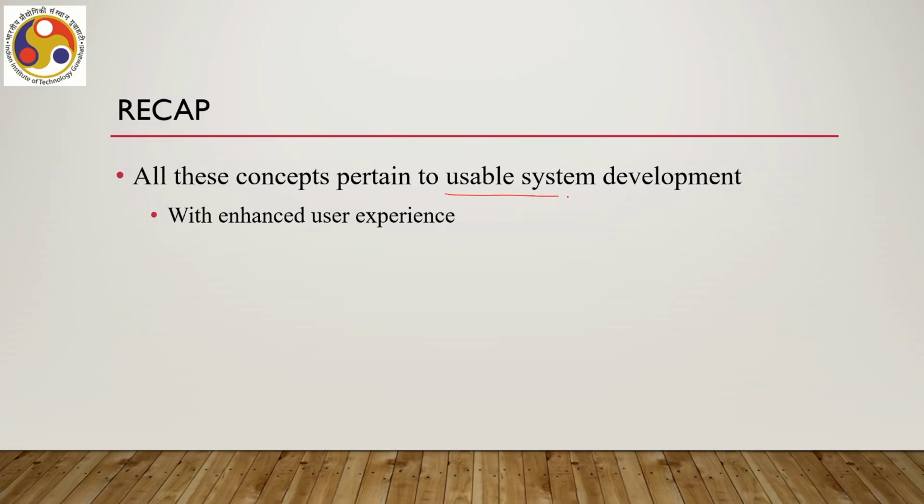Now, all these concepts pertain to usable system development. So, essentially our objective is to build systems that are usable, and in order to do so, whatever we needed to know, whatever we needed to use, all those basic things we have covered so far, with the objective that we should be able to enhance the user experience.